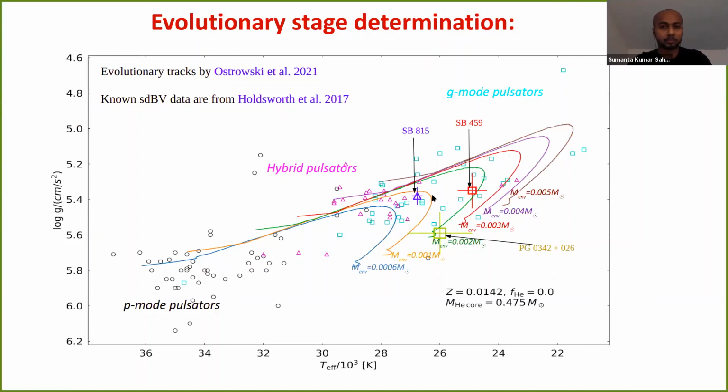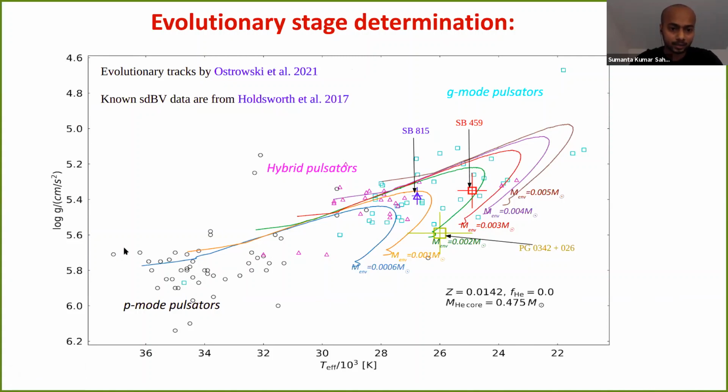I think it's the point more to the left. The one in the crowd of the P-mode pulsators, the square there, at about a Teff of 35,000, the one you're pointing at.